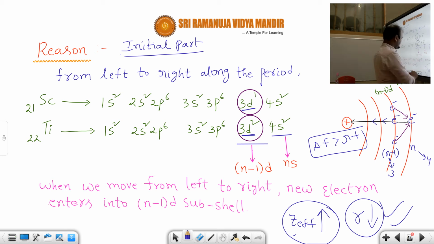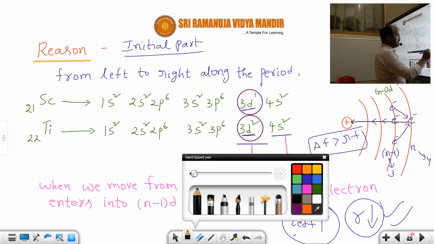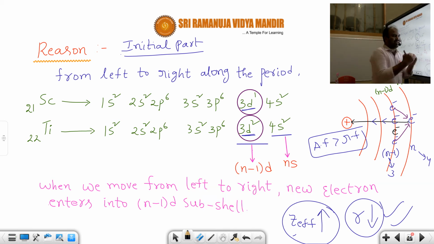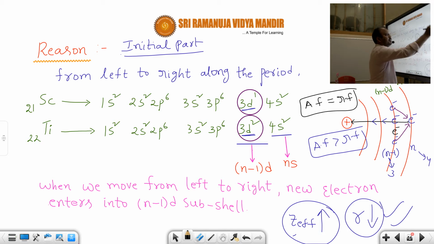They increase gradually. When the inner electrons increase gradually, the inner electrons, or screening or shielding electrons, exert a repulsion on the outermost electron. Inner electrons exert more repulsion on the outermost electron. So when the repulsion increases, in this case the attraction force equals the repulsive force.